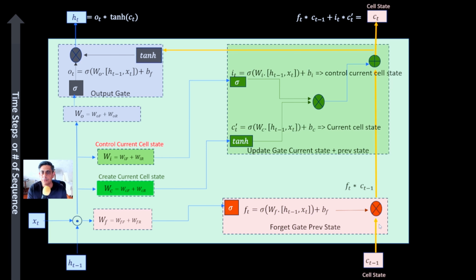Now, as you can see from this yellow color line, the cell state is passing through the network with some gating mechanism, but it is able to carry through the information from time step to time step. And that acts like a conveyor belt. That's why it is called a constant error carousel. So this allows the information to flow without any barrier from time step to time step till the end of the time steps.